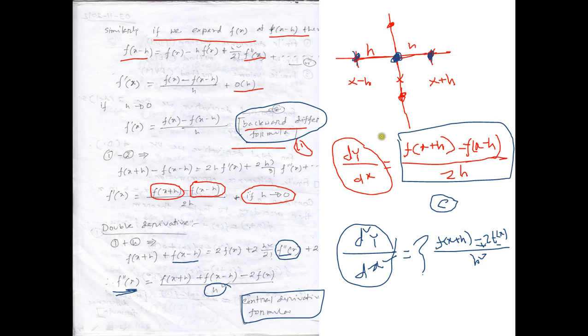We have replaced our first order derivative by the finite difference approximation, and we have also replaced our second order derivative by a finite difference approximation. So these are two important formulas. I'm going to erase all these things.